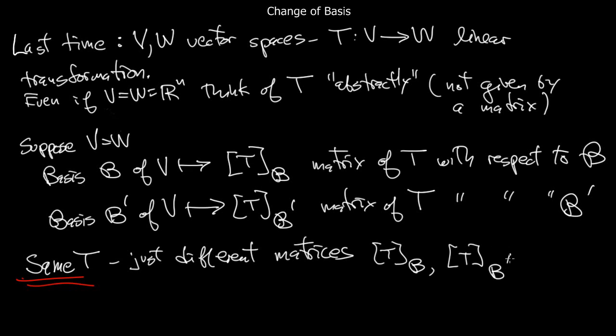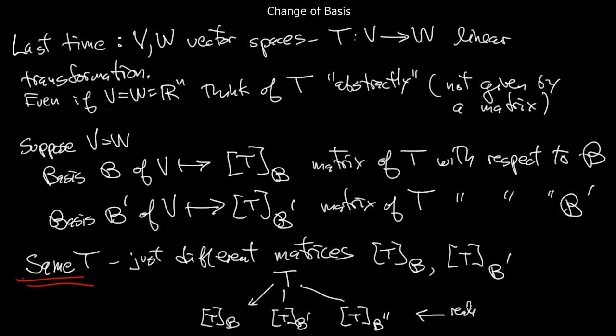So I sometimes like to think of this as being a sort of ethereal T up here, which is abstract and fixed, and only when you have to choose a basis do you come down here with a basis B or B prime or B double prime. You get all these different matrices. These are all just manifestations or realizations of the same linear transformation, but the matrix itself depends on the choice of the basis. Okay, that's a summary of what we talked about last time.